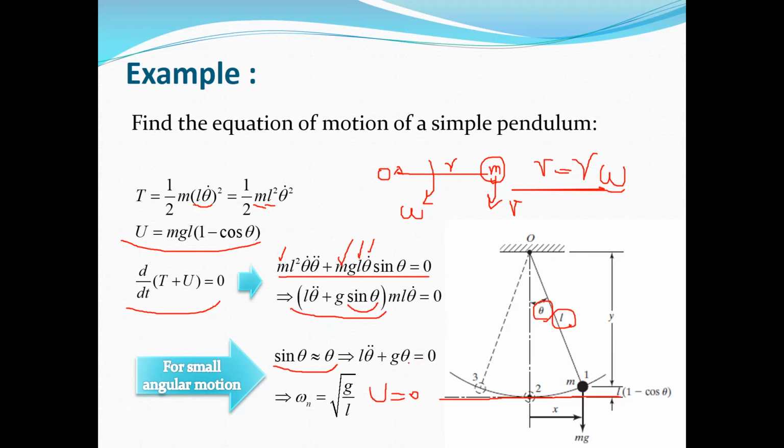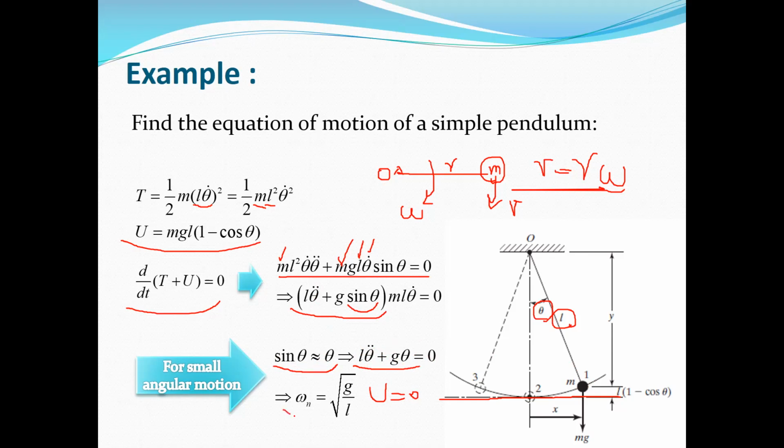And to calculate the natural frequency, you can see this is similar to the equation of motion for a simple spring mass system. But this time instead of x, we will have theta. Instead of mass, we have the length. And instead of the stiffness, we will have g.